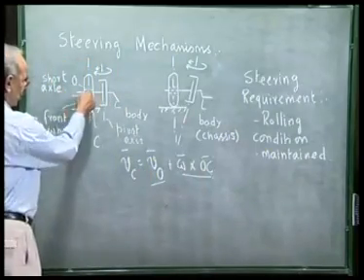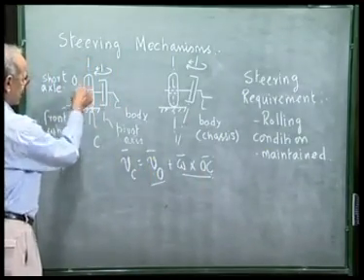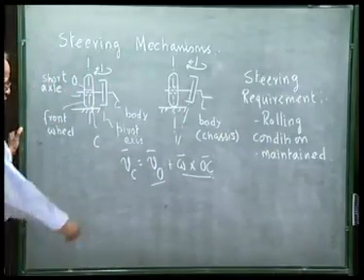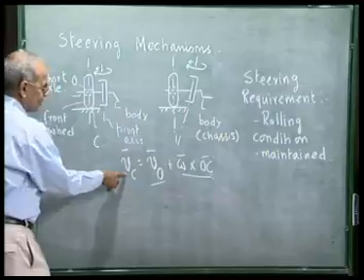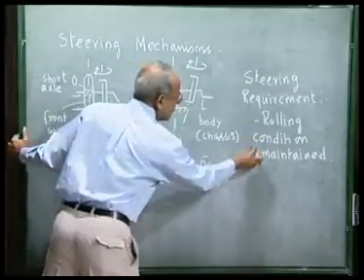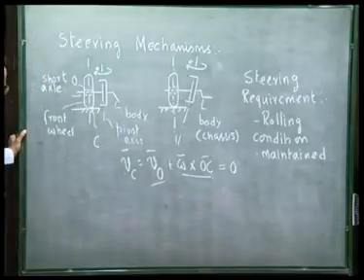Omega is this way, OC is this way, so omega cross OC is in this direction, that is in the plane of the wheel. So, VO must lie in the plane of the wheel such that VC can be 0, which is required for the perfect rolling condition.